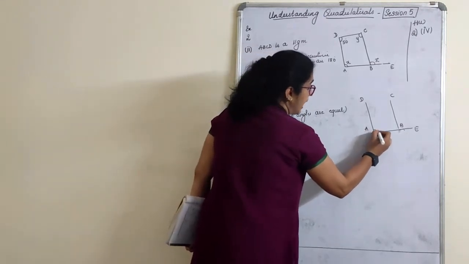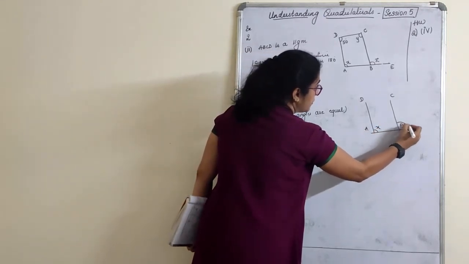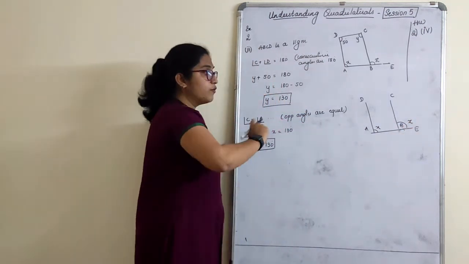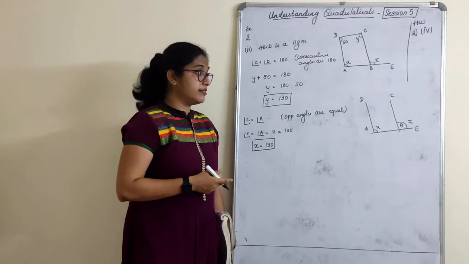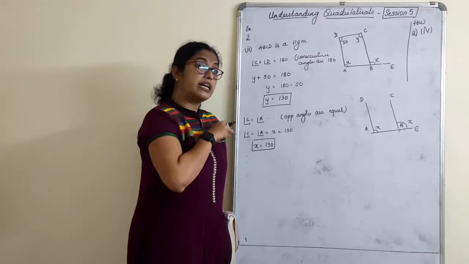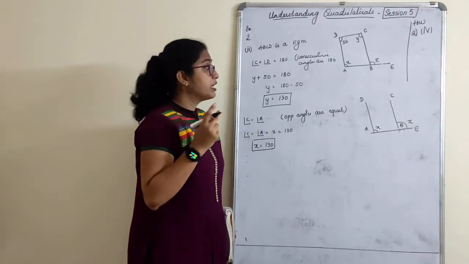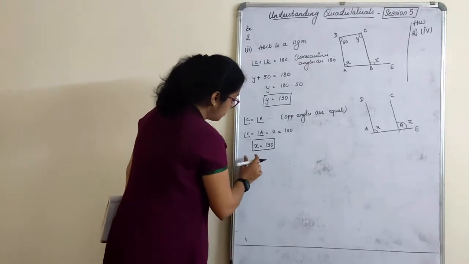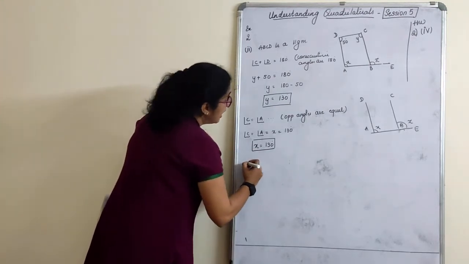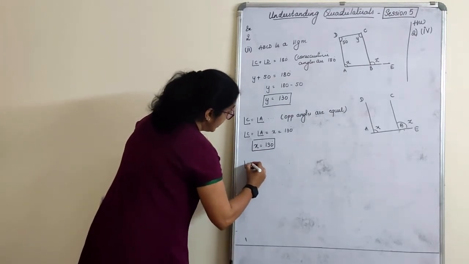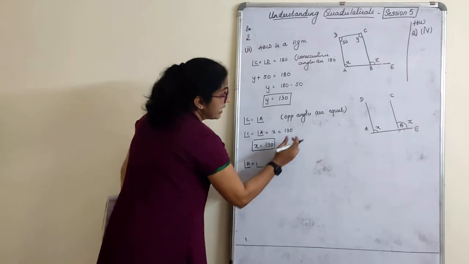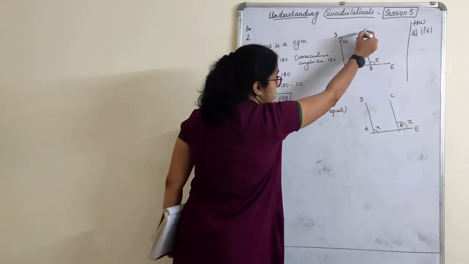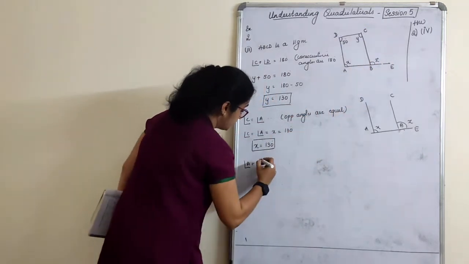So we got one angle as X here, we got one angle as Z here. What are these called? These are called corresponding angles. So I will do this last part by two different methods. Directly you can say, angle A is equal to angle, I can't say angle B because angle B is shared by this, angle CBE.